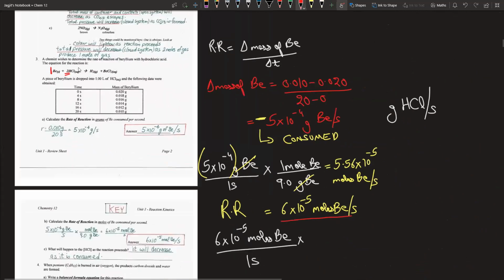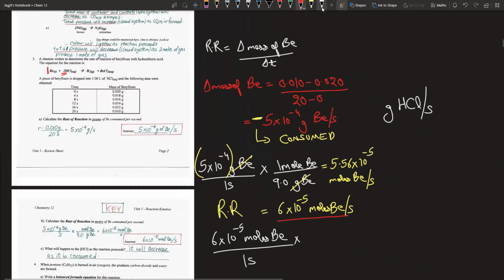So when I go to this equation, I say, okay, now I've got to change it to moles of HCl. So I have moles of BE at the top, I put moles of BE at the bottom. And then I know the number in front of BE is 1. So for 1 mole of BE, I get 2 moles of HCl.